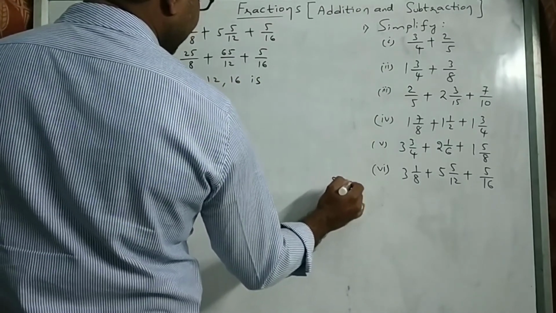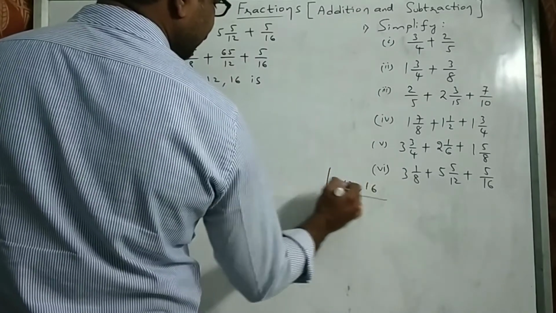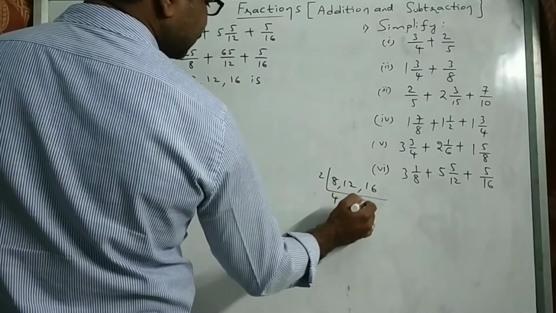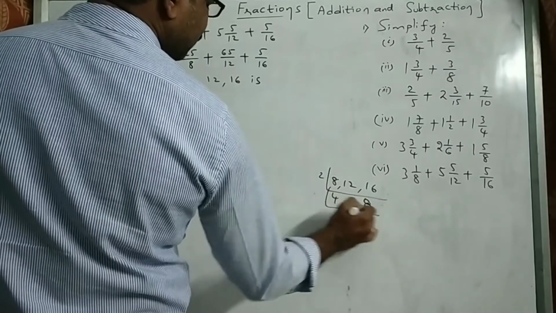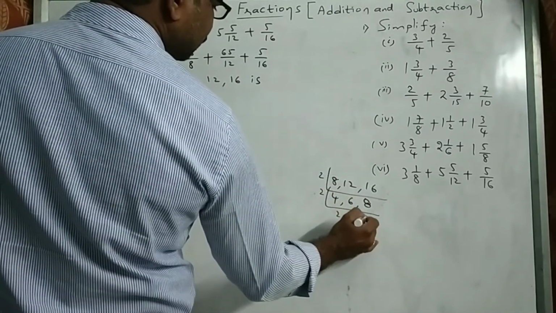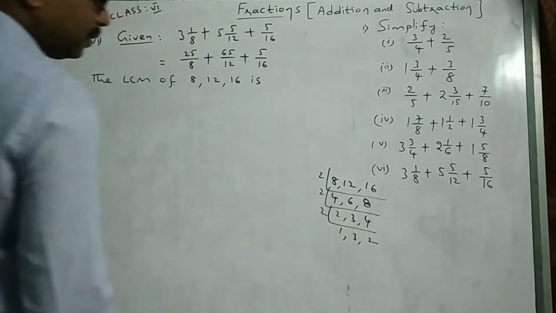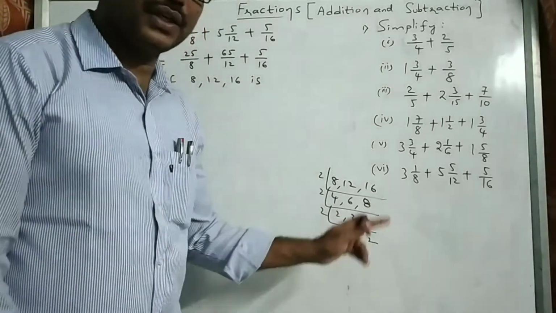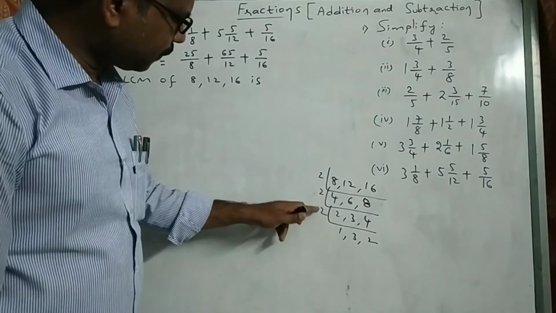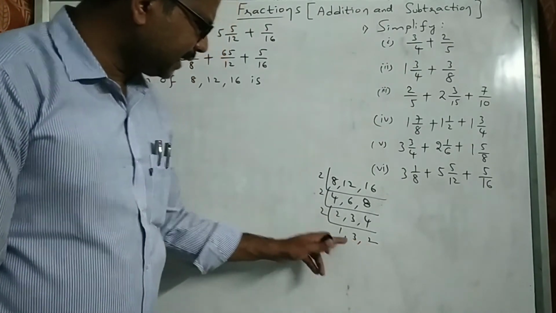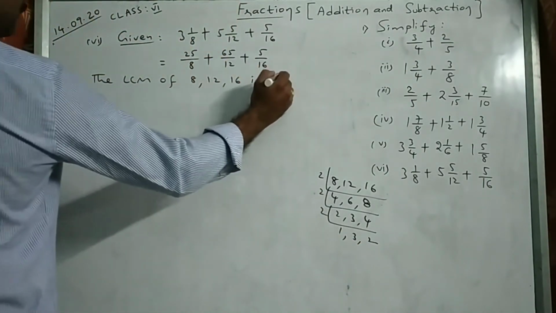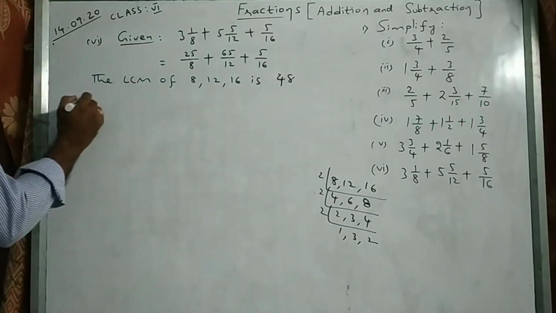Find out. 8, 12, 16. 2 4s, 2 6, 2 8s. 2 2s, 2 3s, 2 4s. 2 2s. Only primes you must use, remember that. 2 2s 4, 4 2s 8, 8 2s 16, 3s are 48.